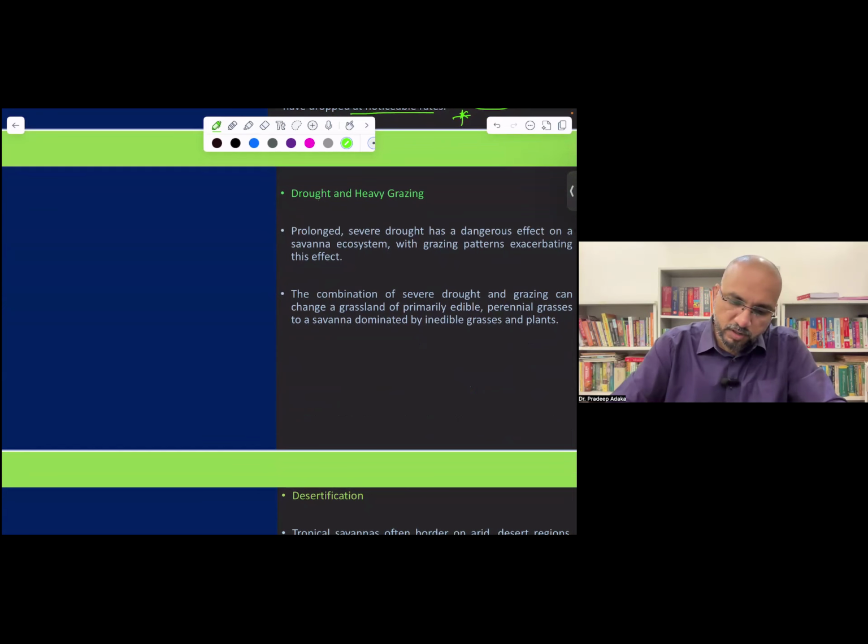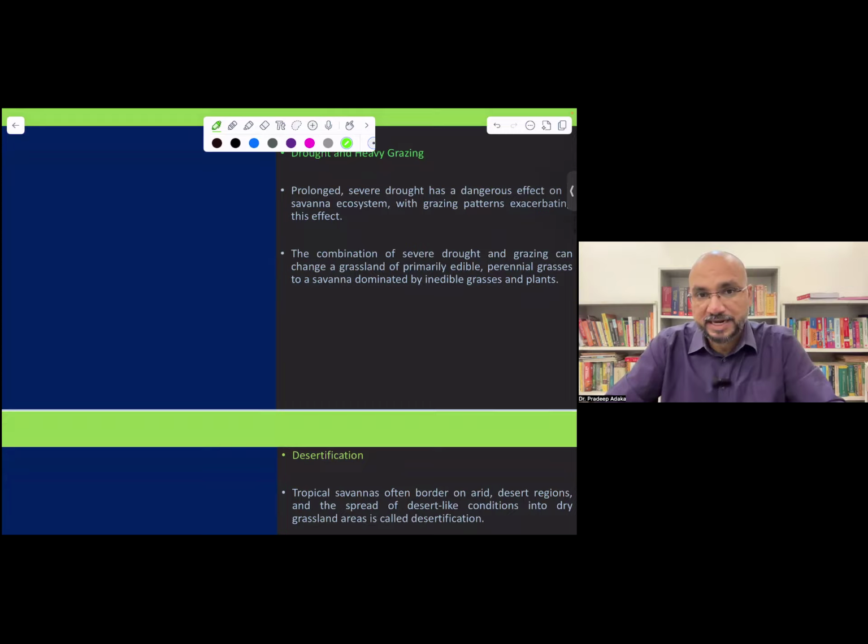Then prolonged and severe drought has a dangerous effect on the savanna ecosystem. Combined with that, heavy grazing. Severe drought and grazing can change a grassland of primarily edible perennial grass to one dominated by inedible grasses and plants.